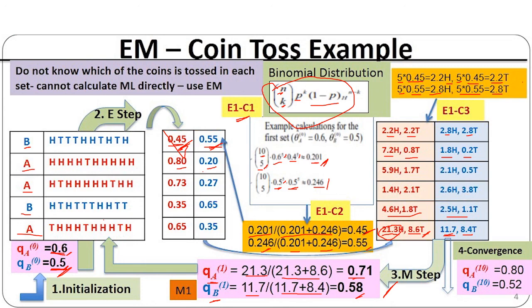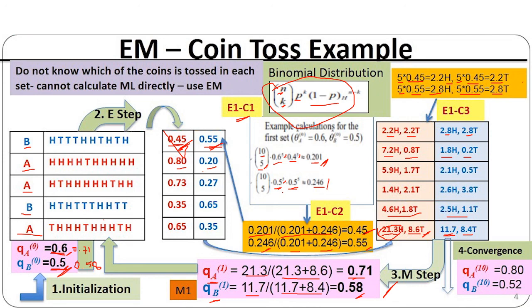Now this probability value, for A we'll assume it is 0.71, and for B we'll assume it is 0.58. After assuming these probabilities, we are going to repeat the complete steps.